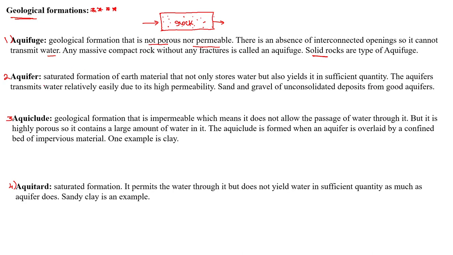Okay, coming to the aquifer, this is of our interest. An aquifer is a saturated formation of earth material that not only stores the water but also yields it in a sufficient quantity.